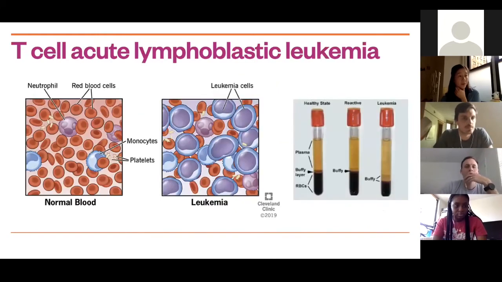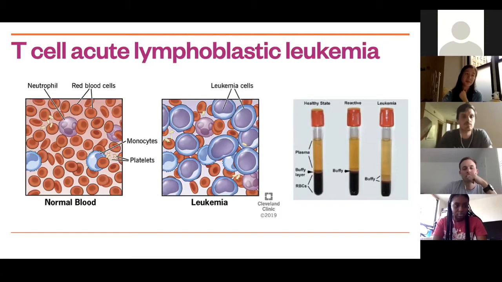So before I go further into that, let me give you some background on what T-cell acute lymphoblastic leukemia is. A leukemia is a malignancy of blood cells, specifically white blood cells. And in this case, it's T-cell acute lymphoblastic leukemia, so it's a malignancy of T cells.